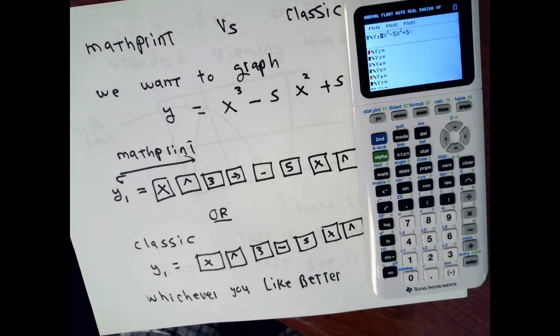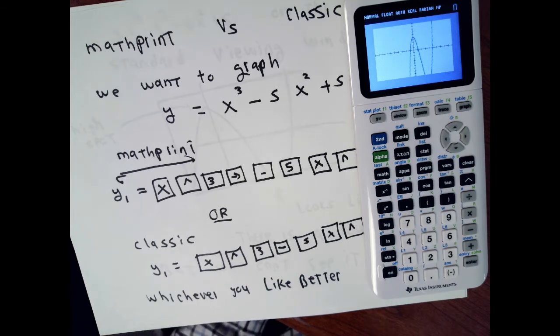If you're in the math print mode, to get out of the exponent business, just press right arrow, and that'll do it for you. We'll draw this graph using the standard viewing window. And of course, this is the same picture we were getting the other day, but in detail.